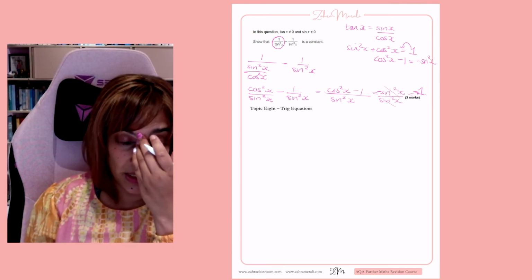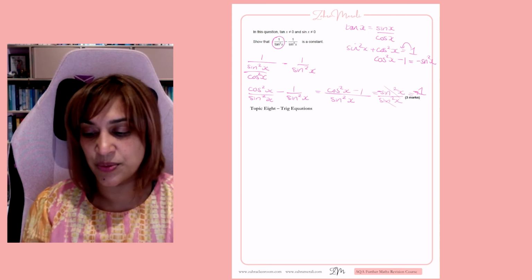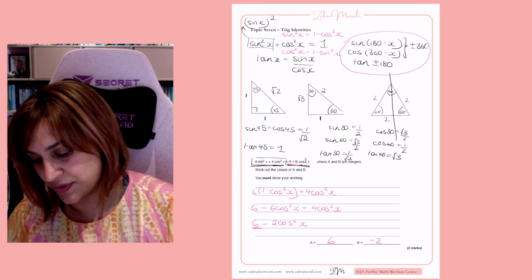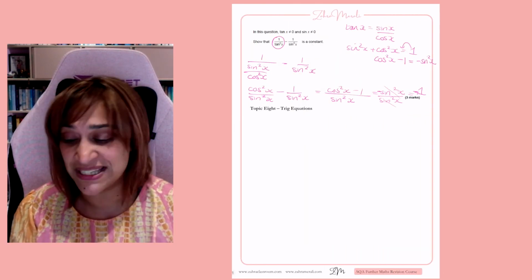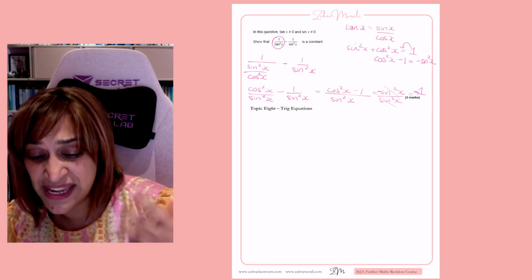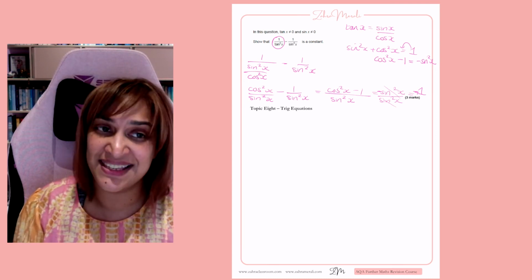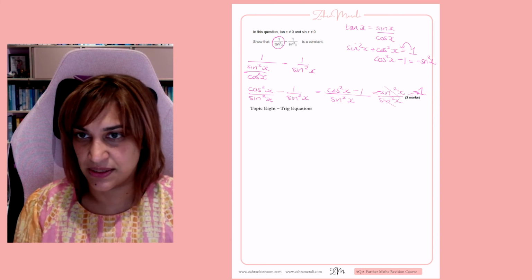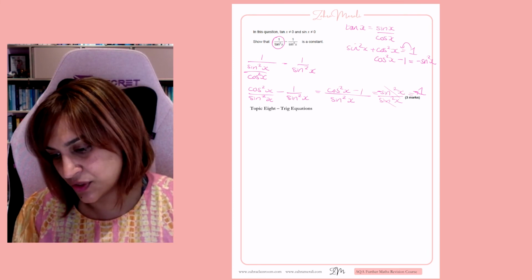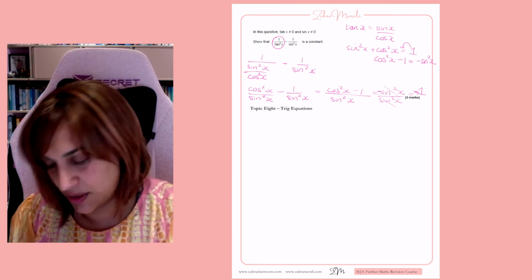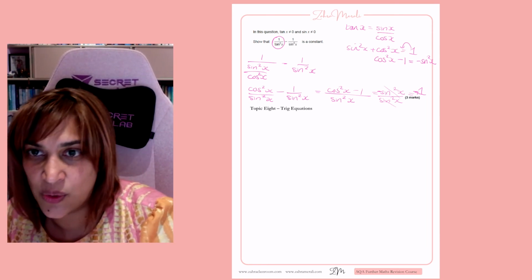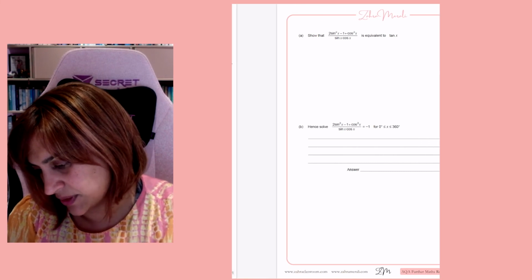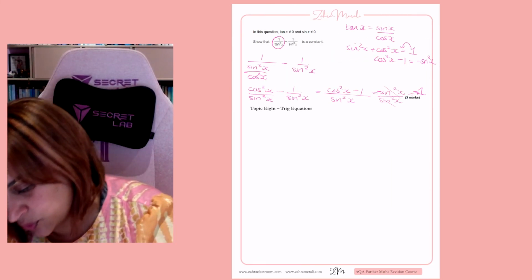Okay. Right, trig equations. So this is what we were talking about, where we've got these rules that we're going to use. I'm going to keep writing them. Hopefully, if you keep hearing them, they go into your head, and eventually they're going to become second nature. So we've got our trig equations where we're going to use our rules.